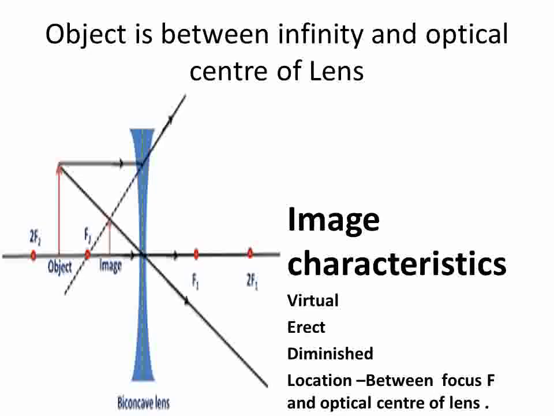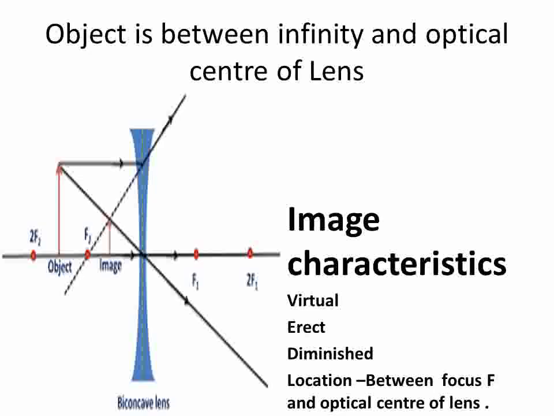Now let us come to image characteristics, properties of the image. Virtual image. Virtual means rays of light are not really intersecting. One light ray may be really coming to it, another is not coming, that is virtual. Then image is always virtual. Number 2, erect. Virtual images are always erect.